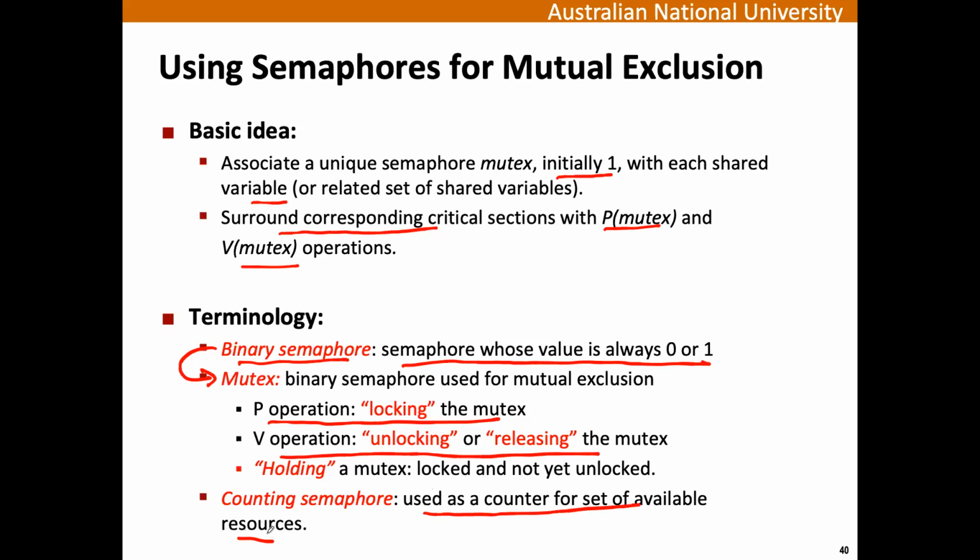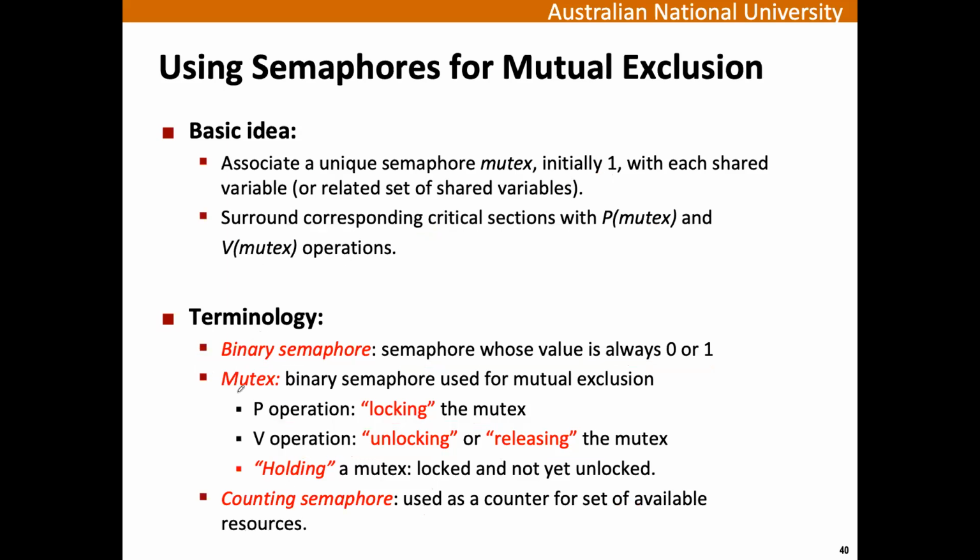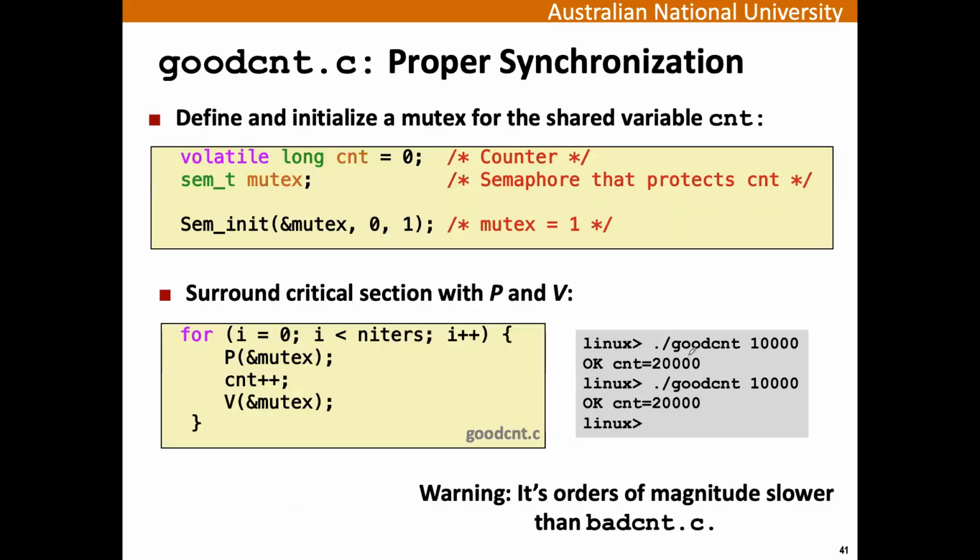So let's just first limit ourselves to mutexes that are binary semaphores. The value could be 0 or 1. We initialize the semaphore to 1, and then the thread that comes first locks the mutex, sets the value to 0, and then unlocks it.